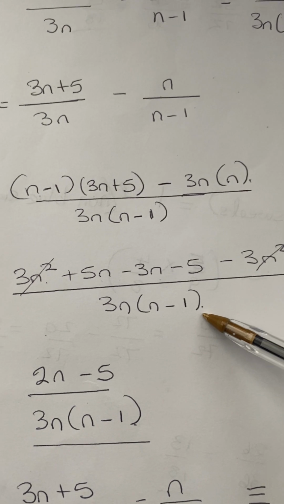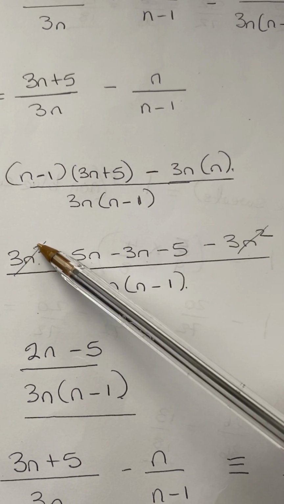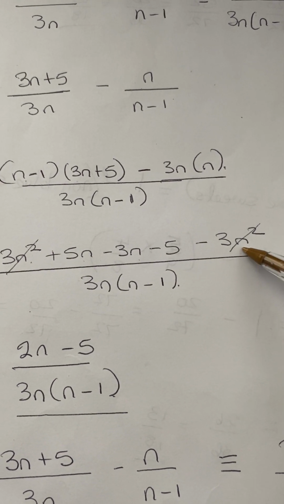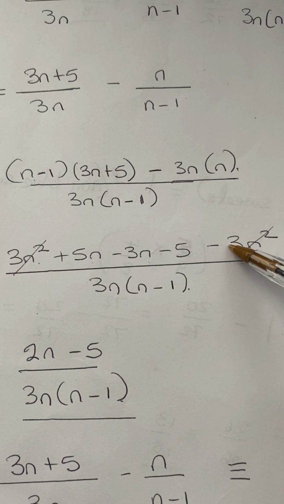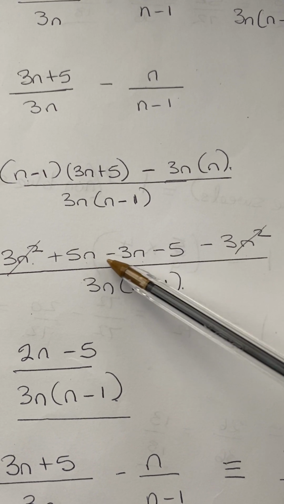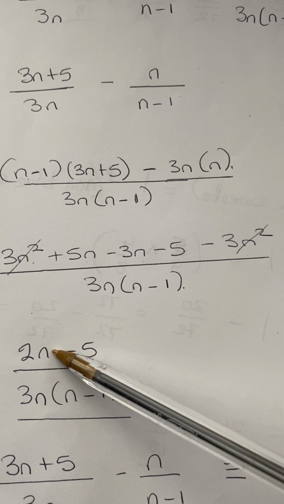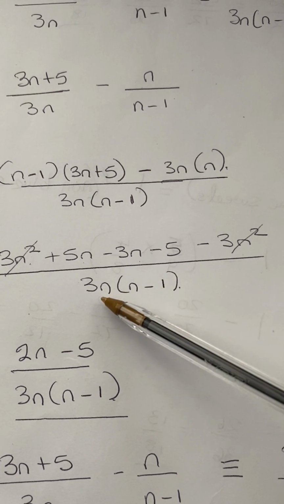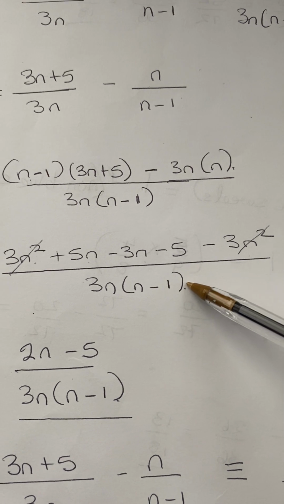Okay, now if you look at this equation carefully, we have 3n squared minus 3n squared. That can take care of itself, so it becomes 0. And 5n minus 3n becomes 2n. And then we have minus 5, all divided by 3n into bracket n minus 1.